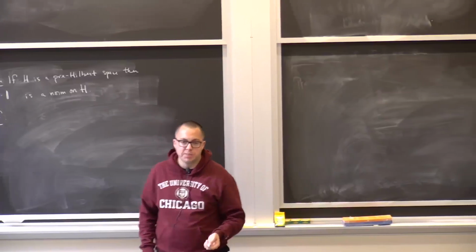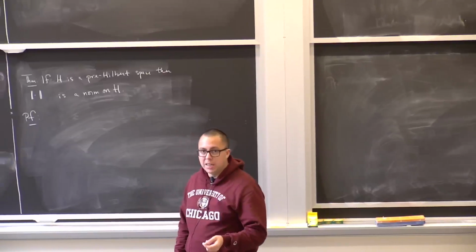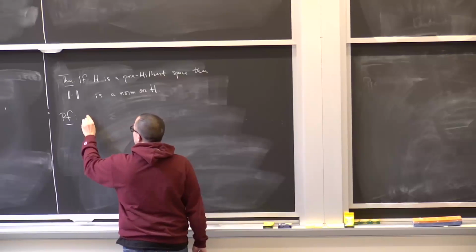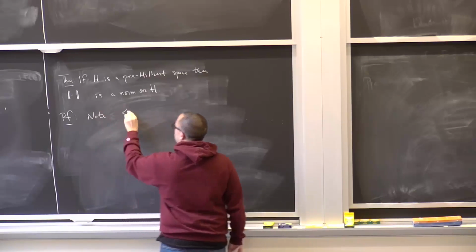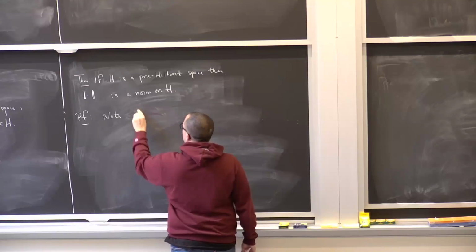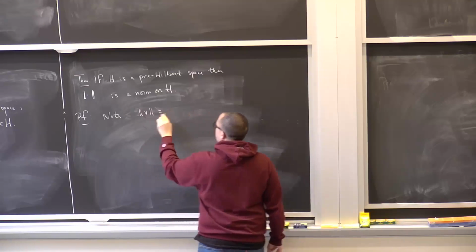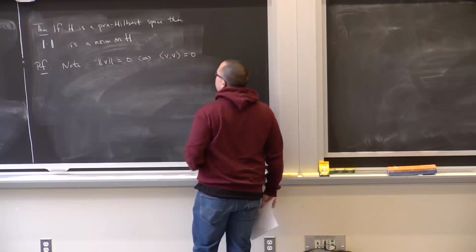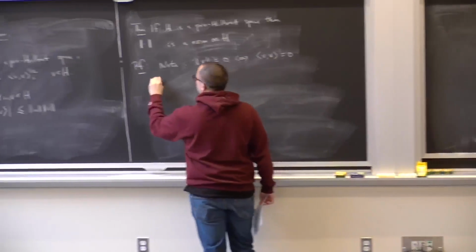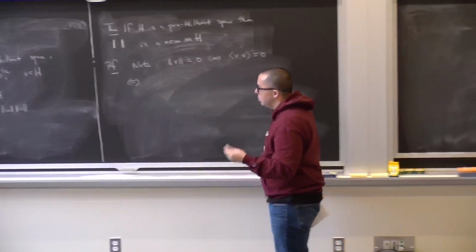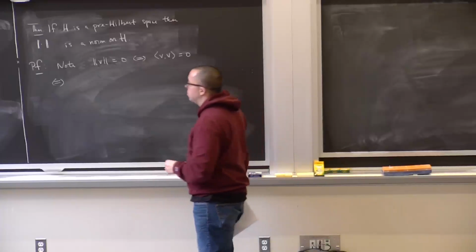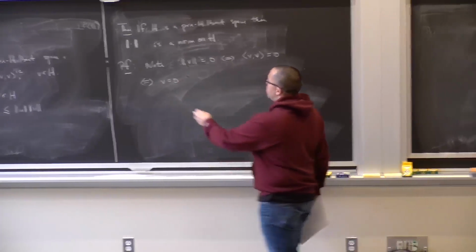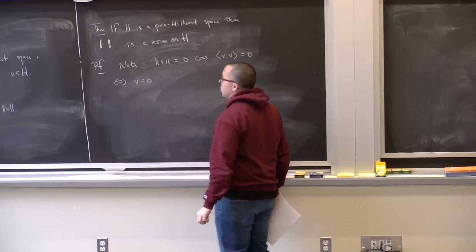We have to prove it's positive definite, and then we also have to prove homogeneity and the triangle inequality. So note that this quantity here equals 0 if and only if the inner product of V with itself is 0, which by the positive definiteness of a Hermitian inner product implies that V equals 0. So that proves that this function on H is in fact positive definite.